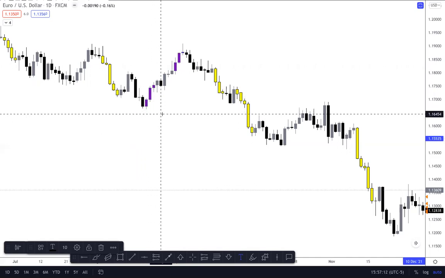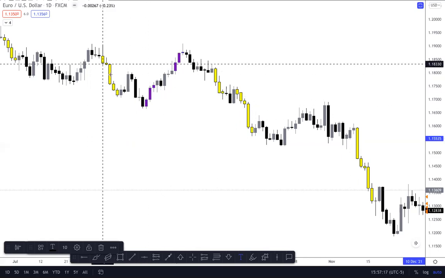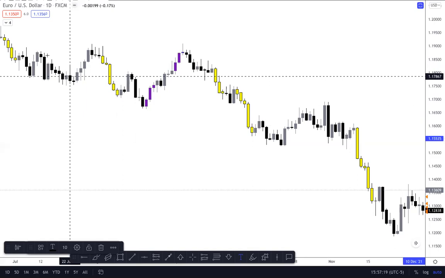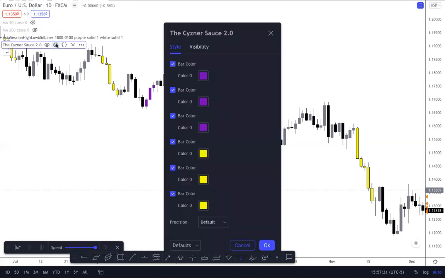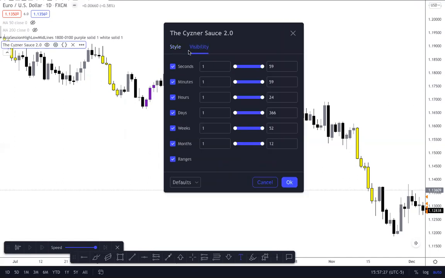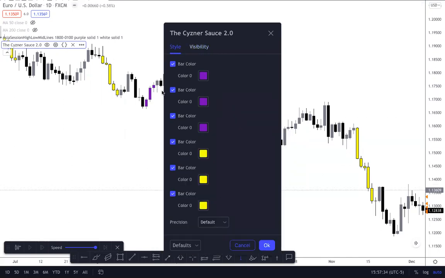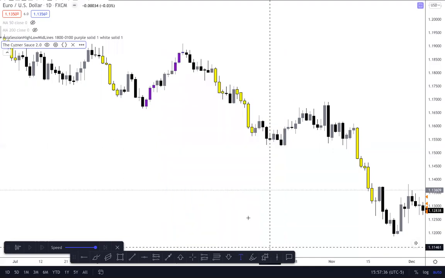I know the indicator at default may paint black instead of purple. You can just change that in the settings by clicking the settings here and altering the colors that you may want. And then you can alter the visibility as well based on time. But I recommend not touching this. And if you're gonna touch something, just probably mess with this.